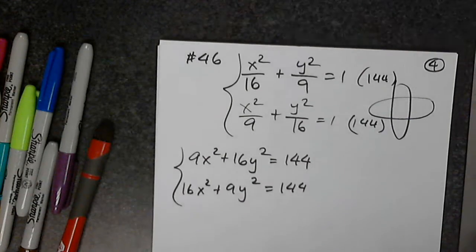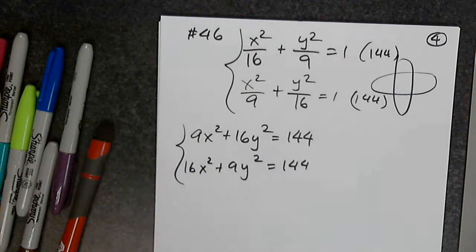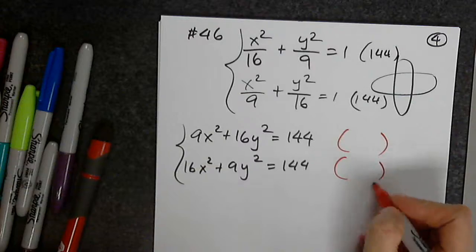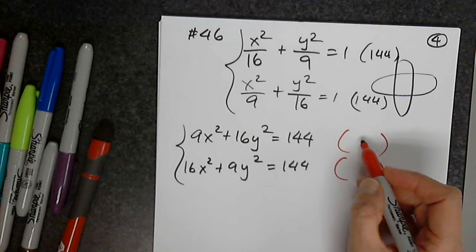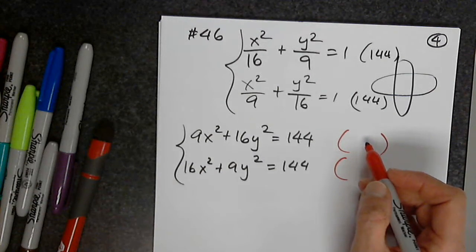So we have to make a decision which one. Which one? Okay, x squared. Well, what do we have to multiply top and bottom in order to eliminate x squared? The top by 0. I can never multiply by 0.